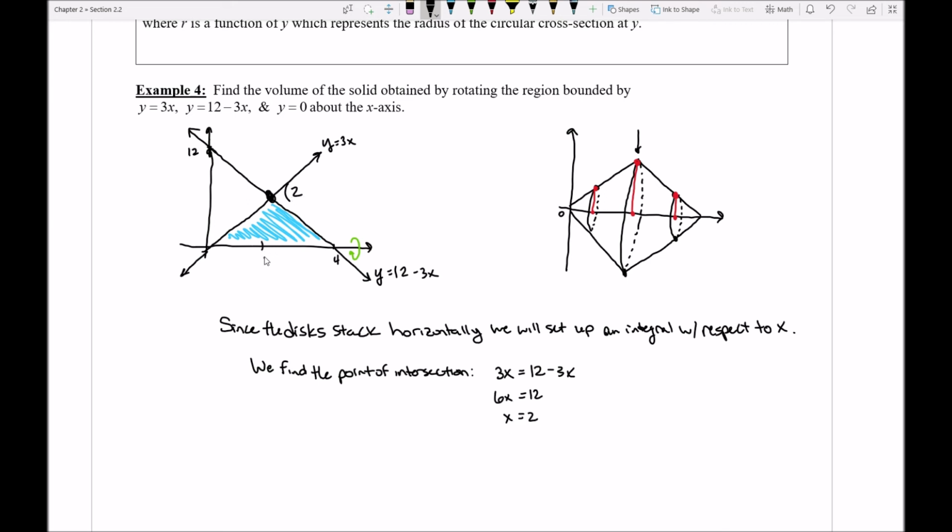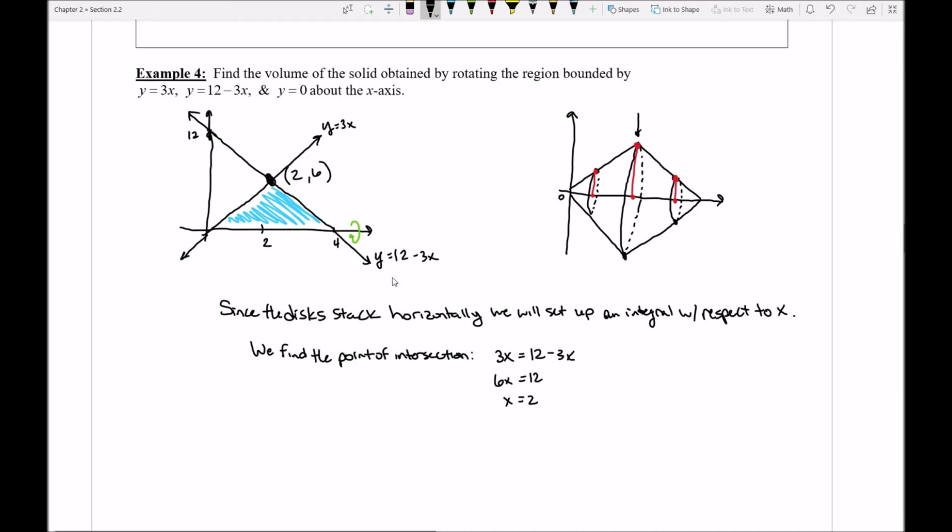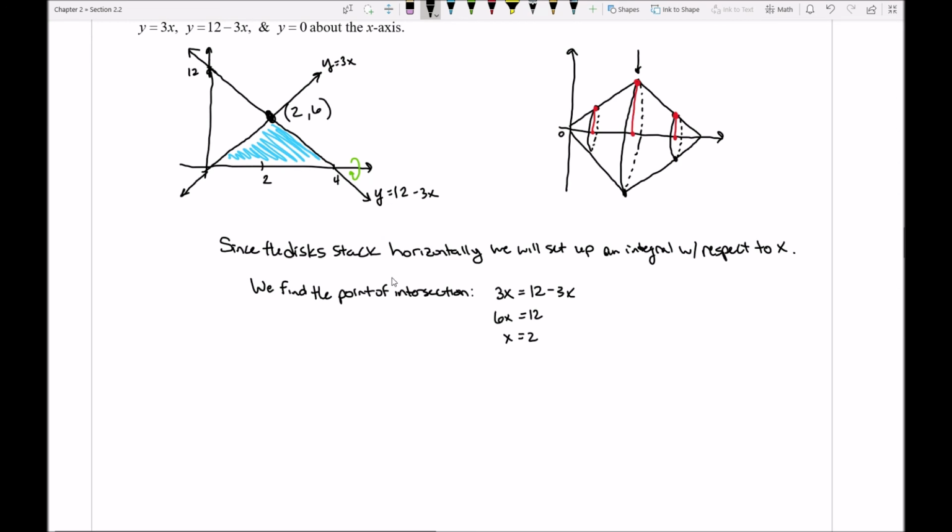So over here I have x coordinate 2, and of course if I plug 2 into either of these functions, I get the value 6 back. So that's the point (2, 6). And so I can now see that if I'm on the left side of 2, my radii are determined using the 3x function, but if I'm on the right side of 2, then my radii are determined using this other function. Because of this, I'm going to need two different integrals to set up the volume.